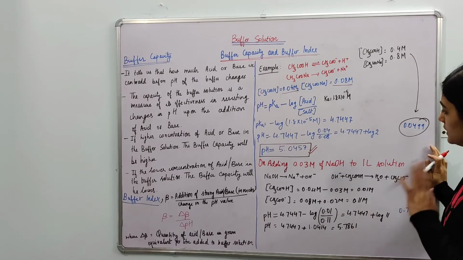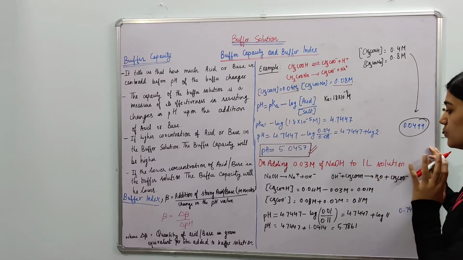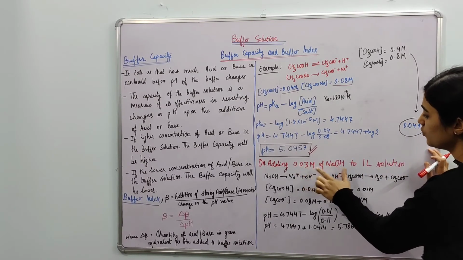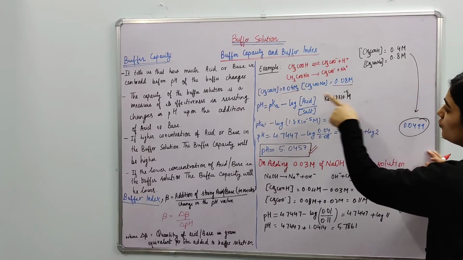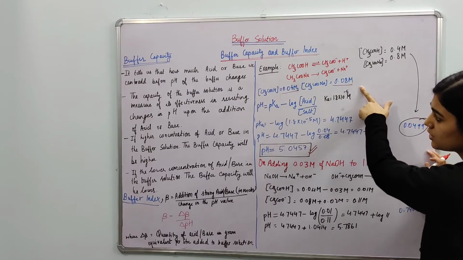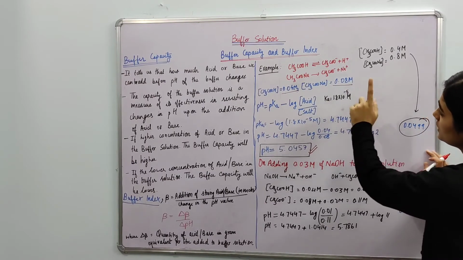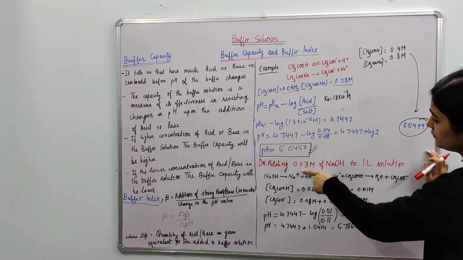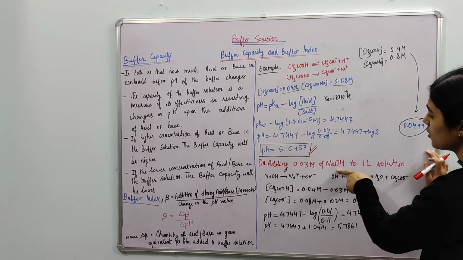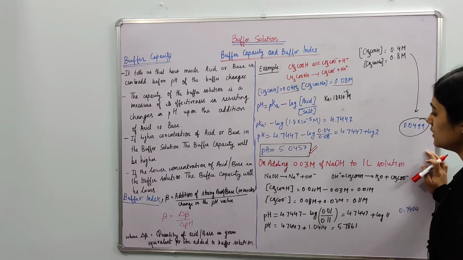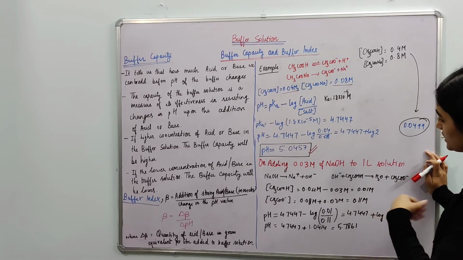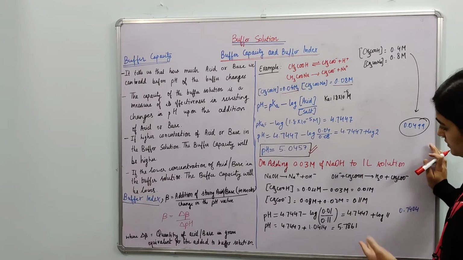Now we'll see the difference. Earlier we had added 0.03 molar NaOH when our concentration was higher. Now we have taken a lower concentration of acid in the buffer, and we are adding the same amount of base with the same concentration. Let's see how much change in pH happens.